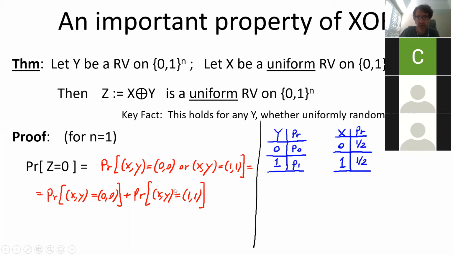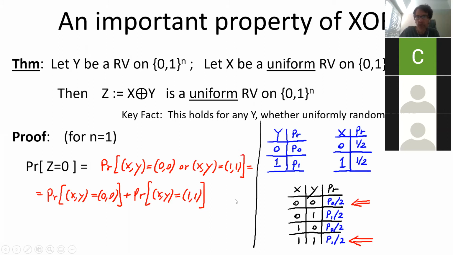So now I can compute this. Let's look at the distribution of X and Y together. There are 4 choices: 0,0, 0,1, 1,0, 1,1. And now by the assumption that X is independent of Y, right? That was the key thing that the student pointed out. I compute the probability this happens as a product, because that's how independence works: the product of the probability that this is true and the probability that this is true.